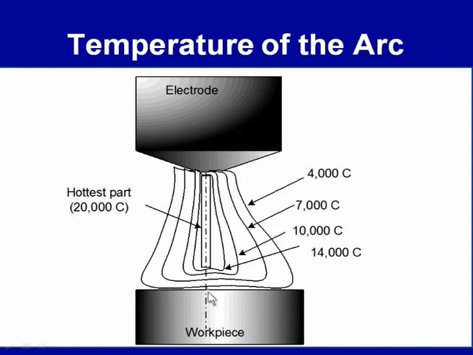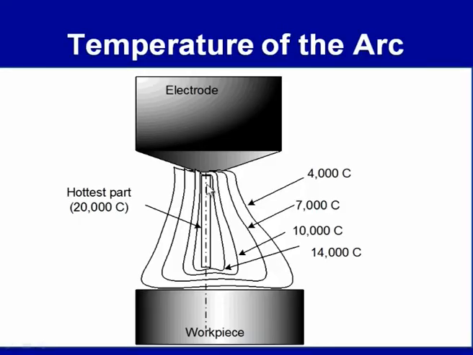So, if we see here, these different lines are the isothermal lines, indicating that the peak temperature is generated along the axis of the arc, and as we go away from the axis of the arc, temperature keeps on decreasing.